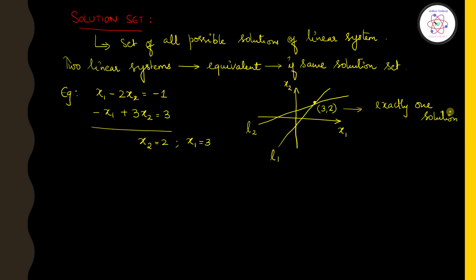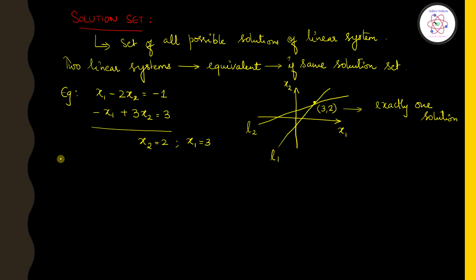But it is not necessary that two linear equations in two variables always intersect. There might be some equations which cannot be solved at all. In such cases, these two lines L1 and L2 will appear parallel to each other with no point of intersection, and we say that no solution exists.